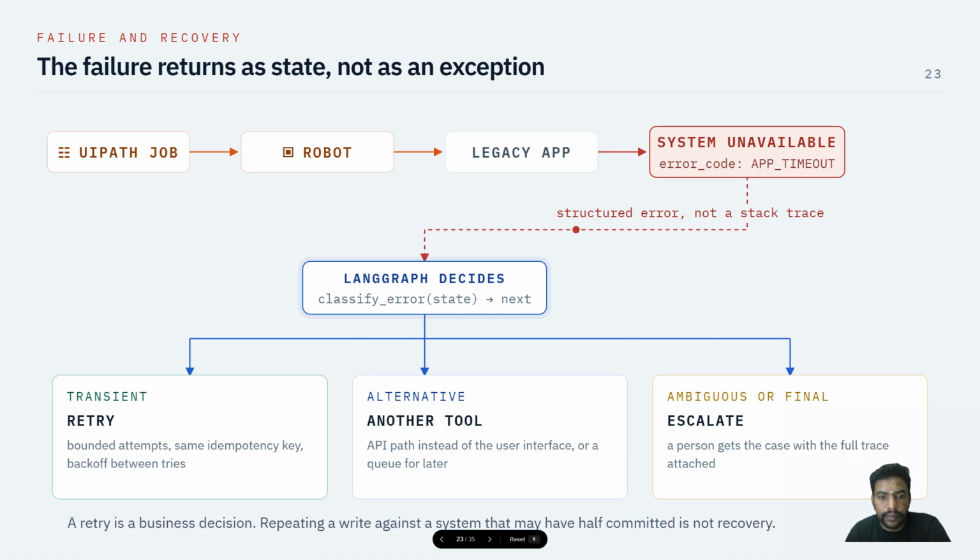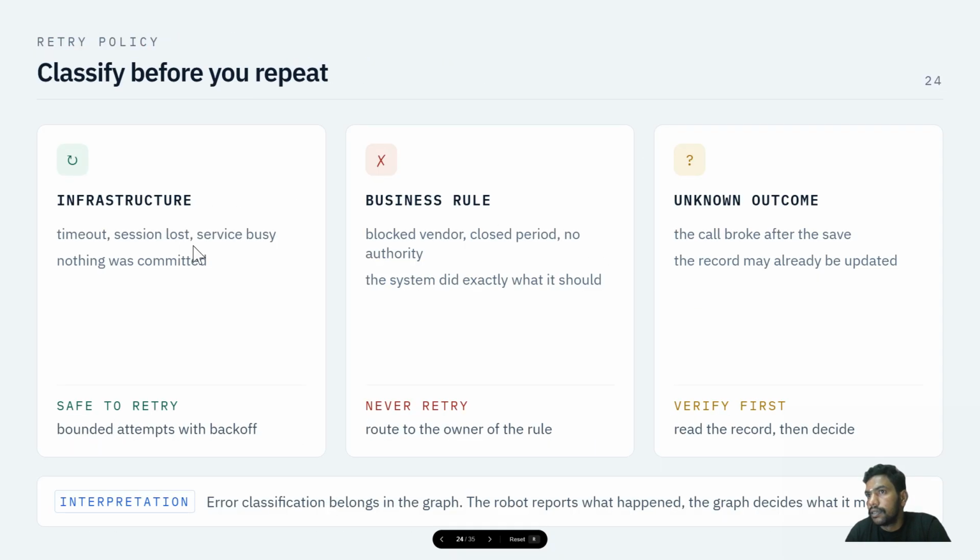So here, you will see how an infrastructure timeout, a session or business tool block, and an unknown outcome each get a fallback mechanism. You have to use safe to retry, never retry, and verify first, right?